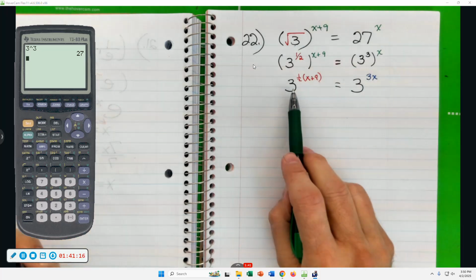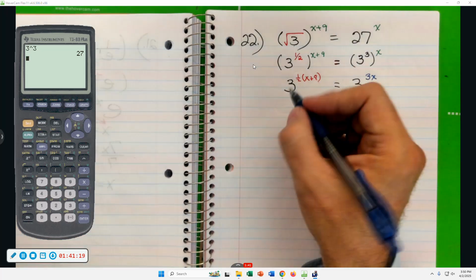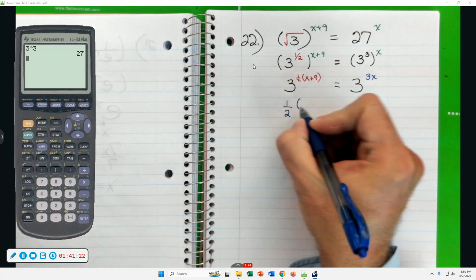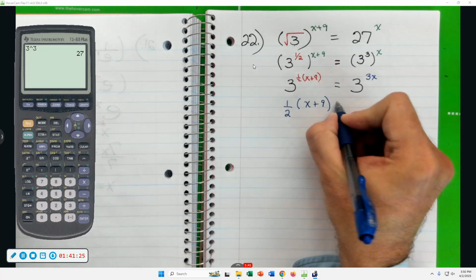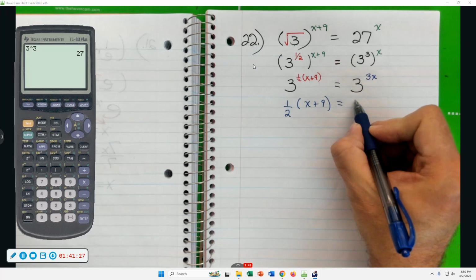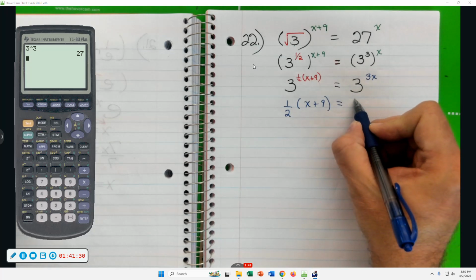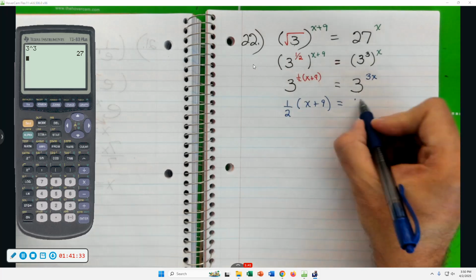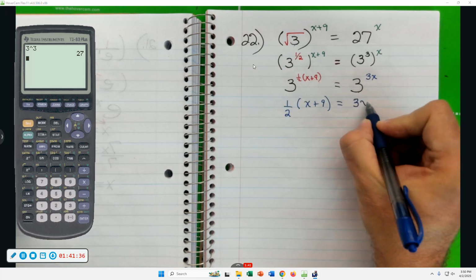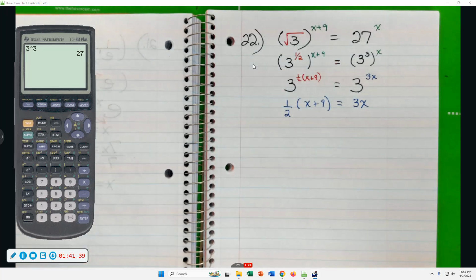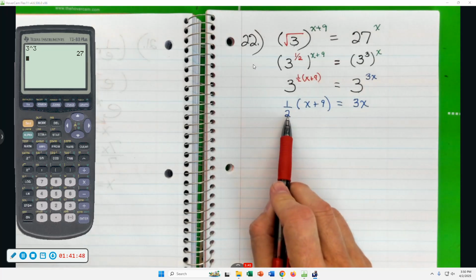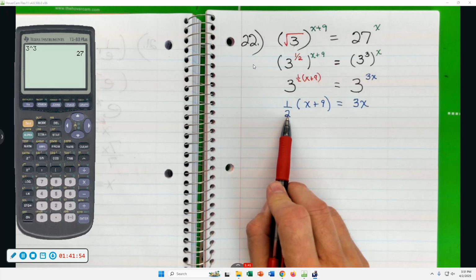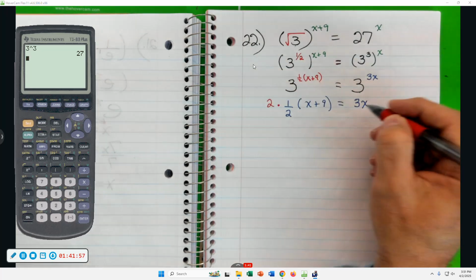So what I'm going to do is just drop the 3's and write 1/2 times x plus 9 equals, does anyone have any idea what I'm about to write here? I've dropped the big 3's, not all the 3's, just 3x. Right. And now I'm going to get rid of the fraction right now. I'm not distributing a 2. We know how to get rid of fractions. To get rid of this denominator here, I'm going to multiply both sides by what? By 2. Multiply both sides by 2.